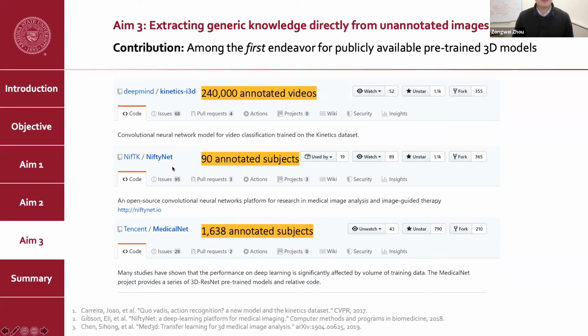It was pre-trained on 90 annotated subjects. And the most recent one is from Tencent. It's called MedicalNet. It is pre-trained on more than 1,000 images. So different from all this previous work, our Models Genesis is pre-trained on 0 annotated data.